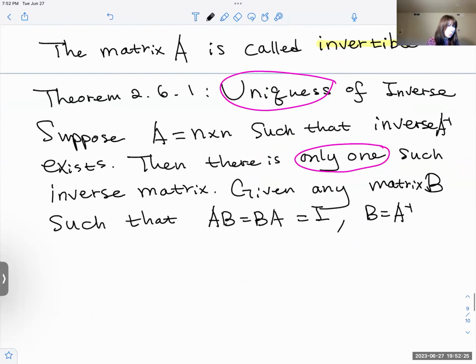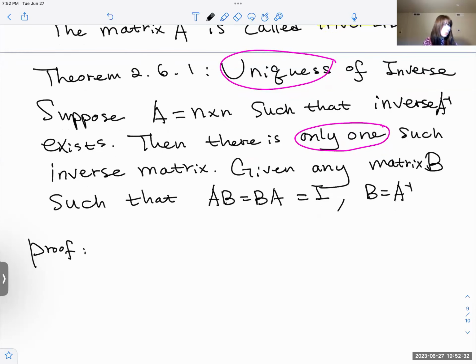Okay, let's prove it. We assume everything. I is the n by n identity matrix, we know that.